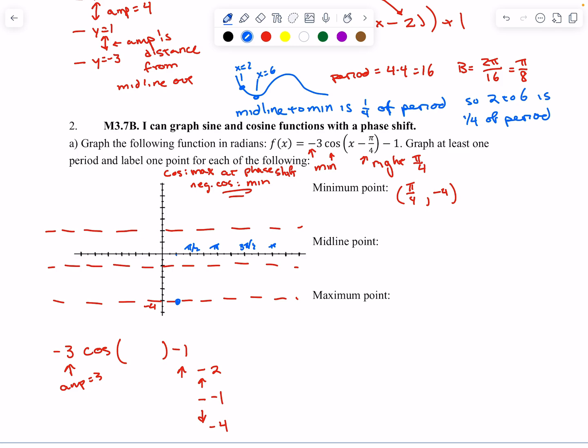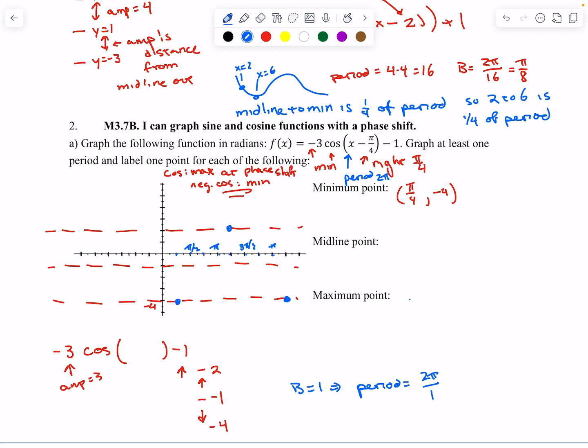The next minimum point is going to be 2 pi over from that. If b is 1, then the period is 2 pi over 1. So I'll count out, let's see, 2 pi is 1, 2, 3, 4, 5, 6, 7, 8 little hash marks. So pi over 4 away. Halfway in between that, we get a max.